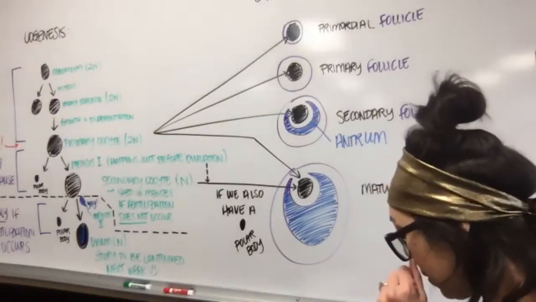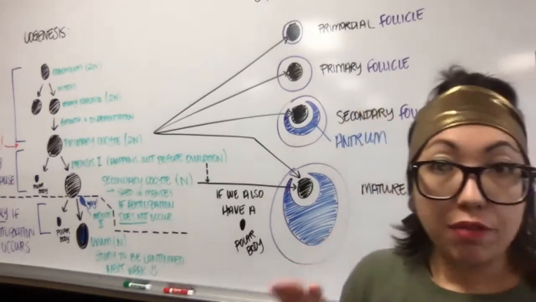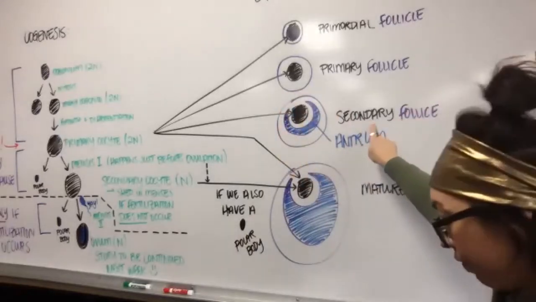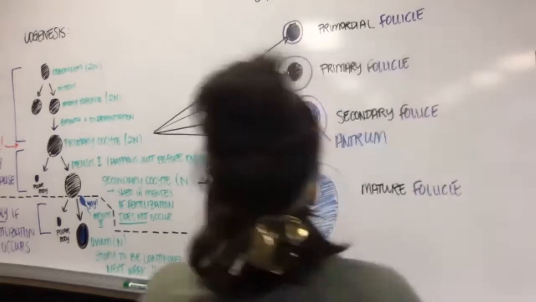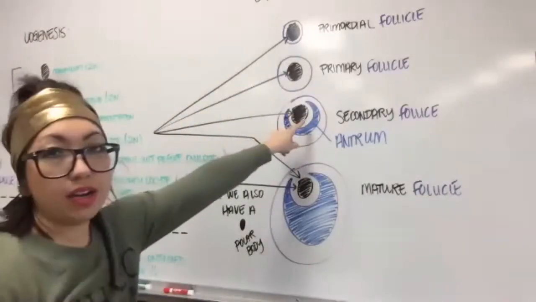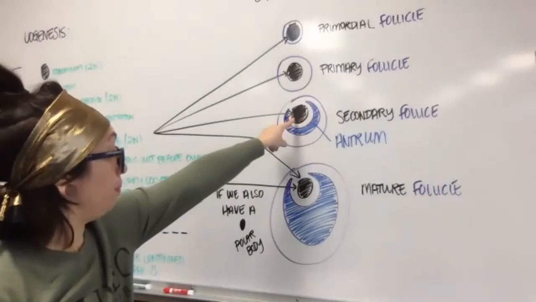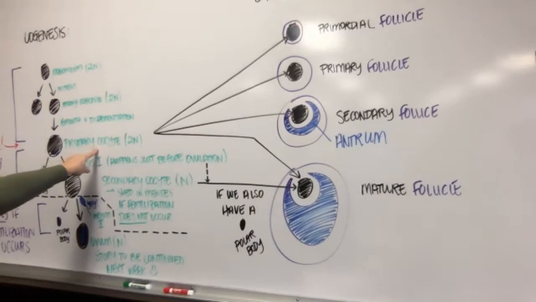number 6. So secondary follicles, so remember, a follicle is this whole thing. A secondary follicle contains what kind of oocyte? So just looking at the picture I drew, what did this little black picture represent? A primary oocyte.